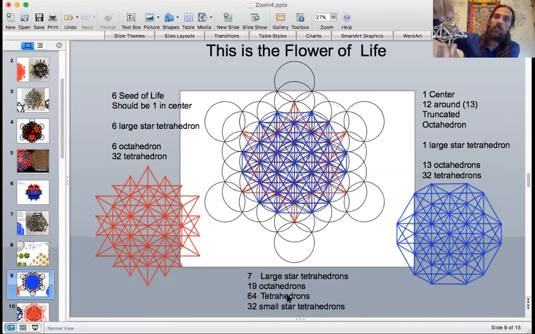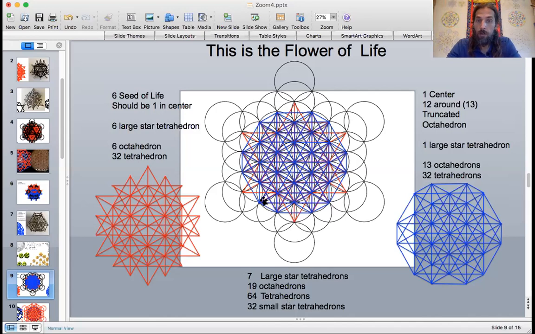We've got star tetrahedrons joining together because we have an upward pointing tetrahedron and a downward pointing one. Now, all those, when they come together and link together in the middle, those 64 tetrahedrons are going to make 32 small star tetrahedrons, right? Because now we have one full star tetrahedron. So we have 32 small star tetrahedrons within there.